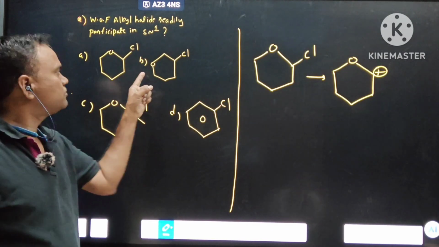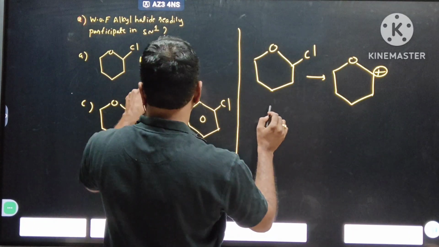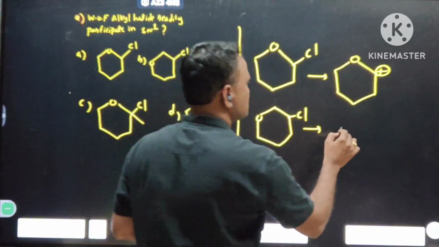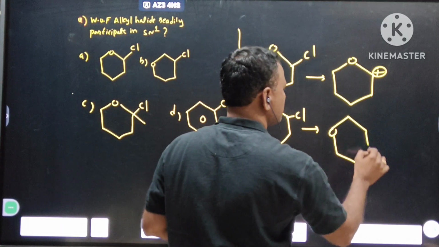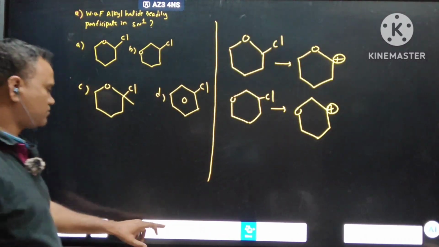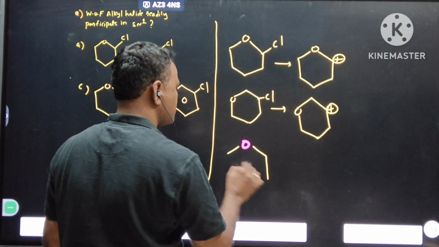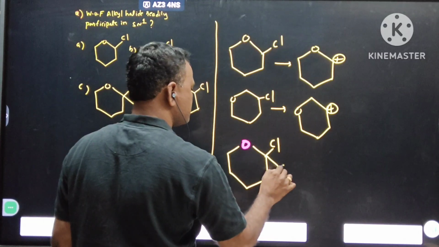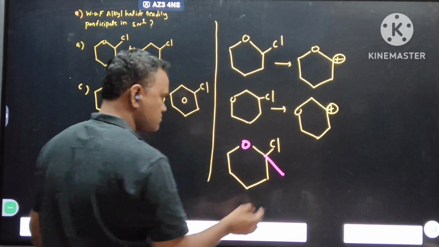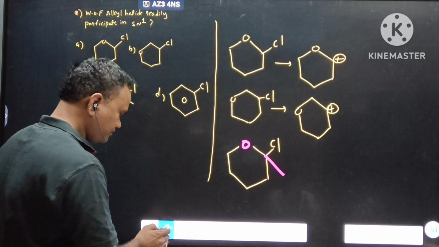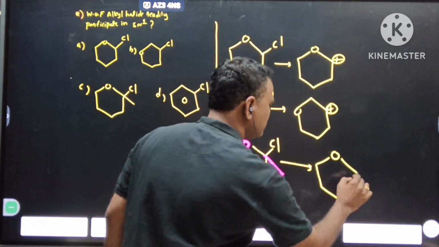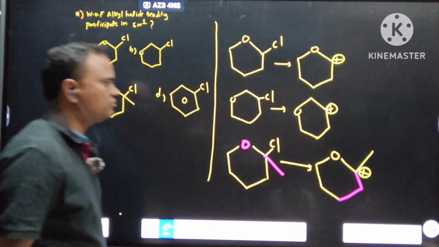From option B, next option C, remove the halogen along with the bonds, positive charge. And last one, D.